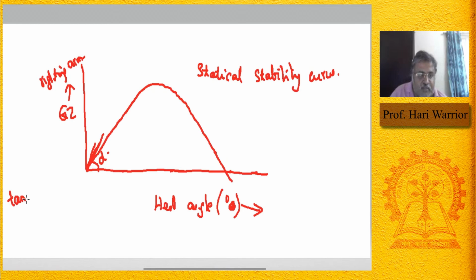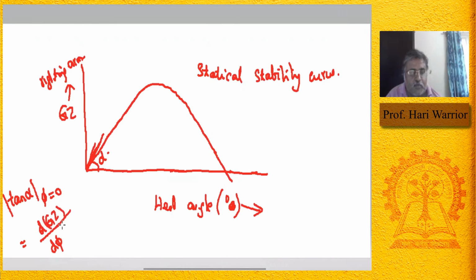Then you will see that tan alpha at phi equal to 0 will come like this, dGZ by d phi.